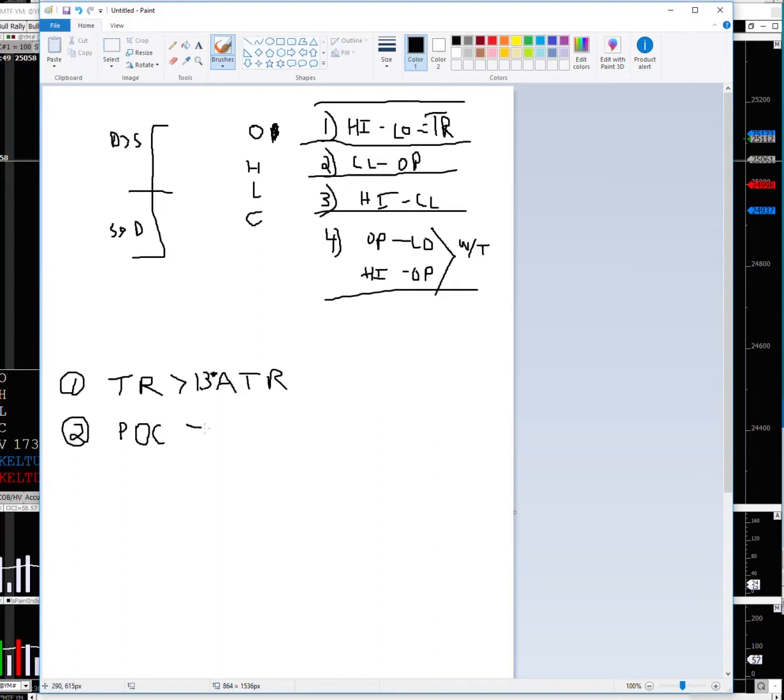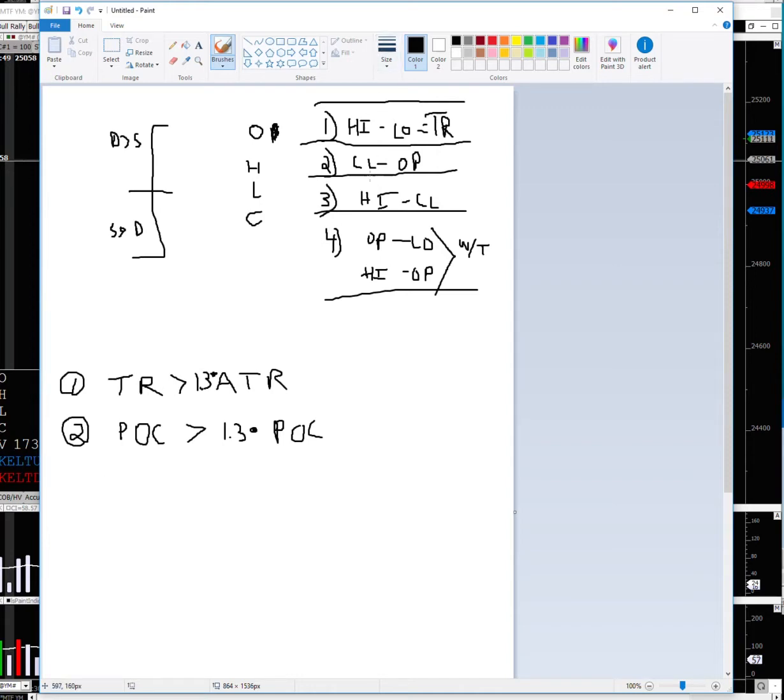Then all you've got to do is check greater than, let's say, 1.3 times POC average. All right, and so you get the idea.